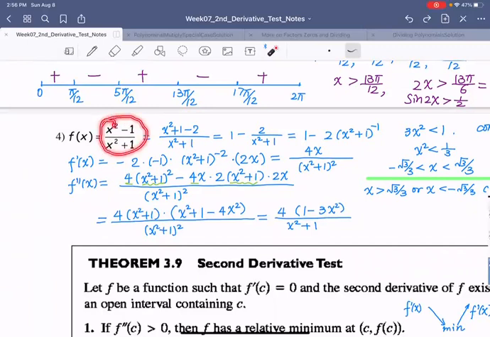Look at here. This guy, I change it. X squared minus 1 is x squared plus 1 minus 2. This is 1, this is this, 1 minus here. So I rewrite this complicated function into this simple version.